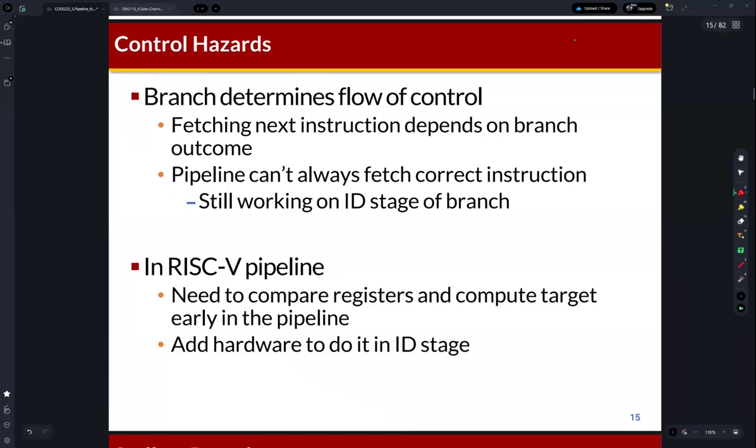It is because if the branch instruction is executed, then branch instructions change what? The PC, right? The program counter. But this program counter is used in the instruction fetch stage. So what's the problem?